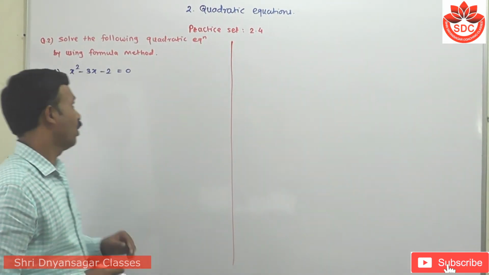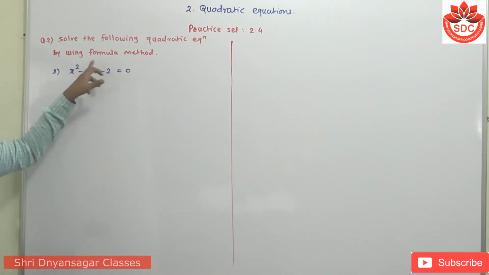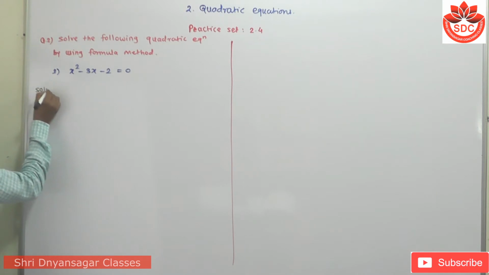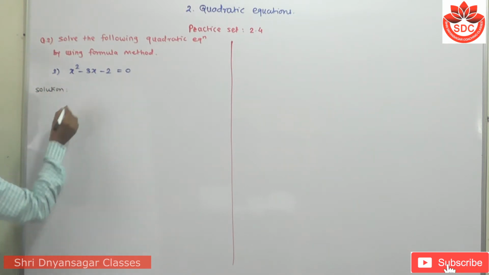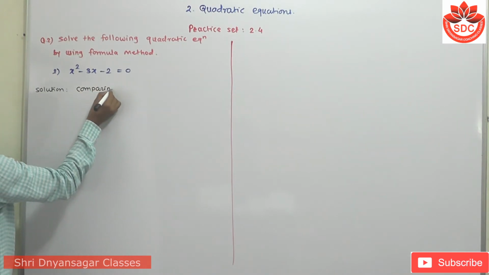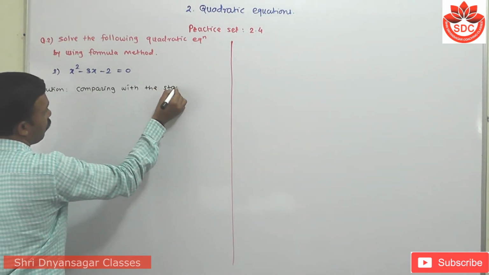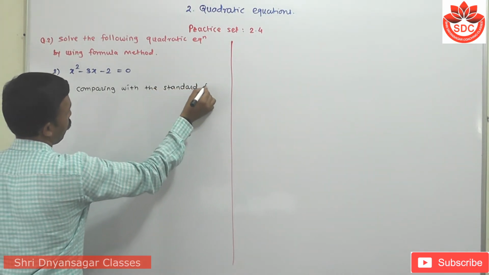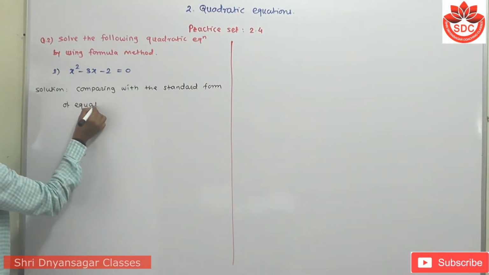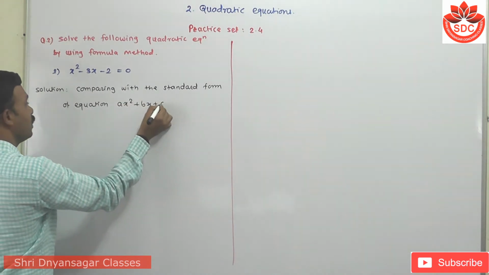Second question of the question second: x square minus 3x minus 2 is equal to 0. Solve by using formula method. Now student, its solution. First we compare this equation with the standard form of equation ax square plus bx plus c is equal to 0.